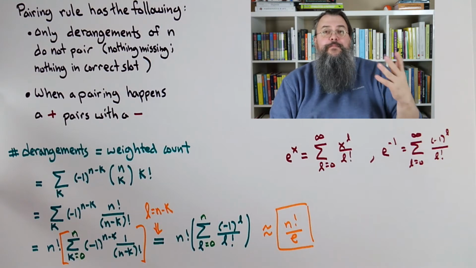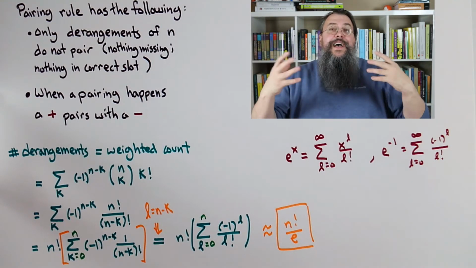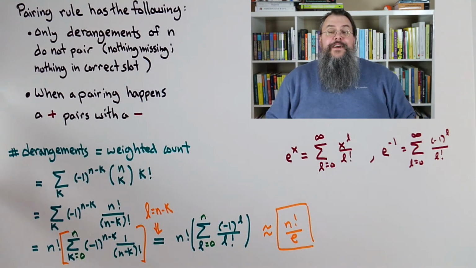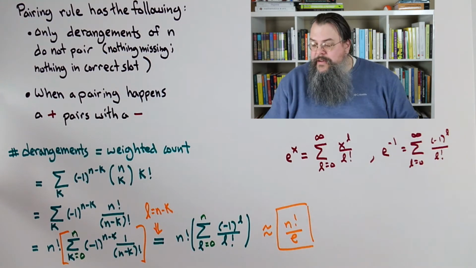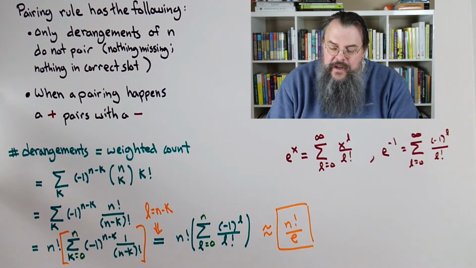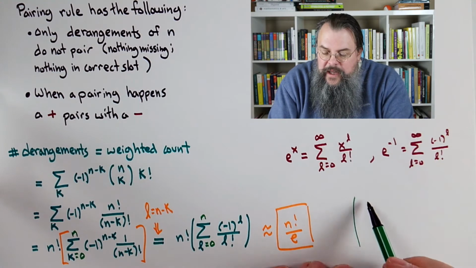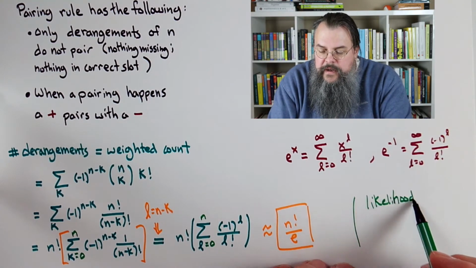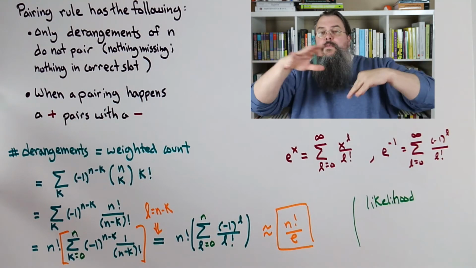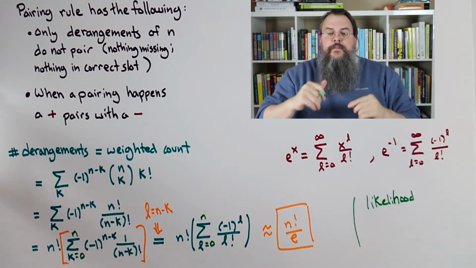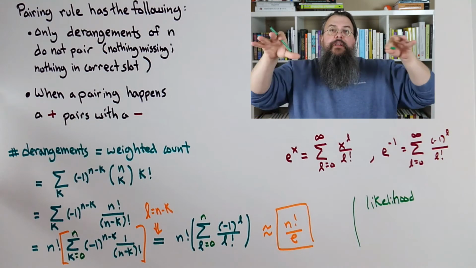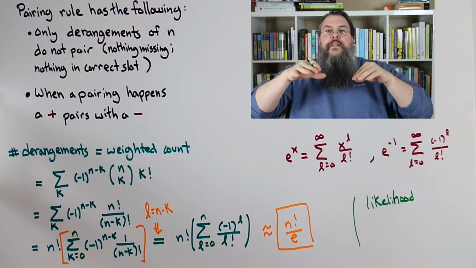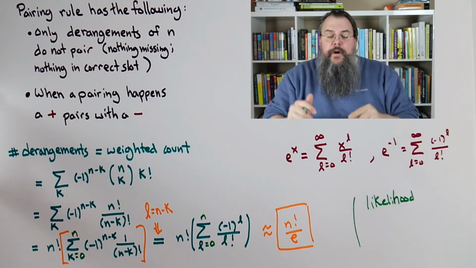And one of the things that it does tell you is that you can think about this in terms of probability. It says, okay, what's the likelihood that you have a derangement? Say we have a group of n people in a row, and we have them all jumble around in some way. What's the probability, how likely is it that nobody went to the same spot?